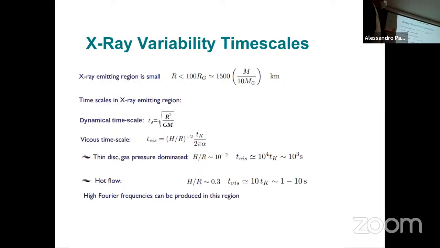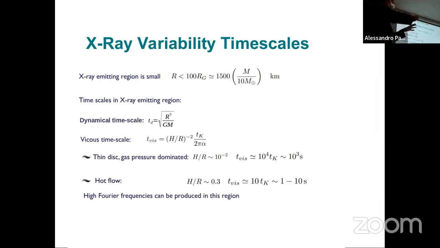But you also expect slower variations that depend on different parameters in the accretion disk. For example, you can calculate the viscous time scale, because the plasma has some viscosity, and this viscosity depends on the radius of the ring of the accretion disk that you consider and the scale height h of the accretion disk.